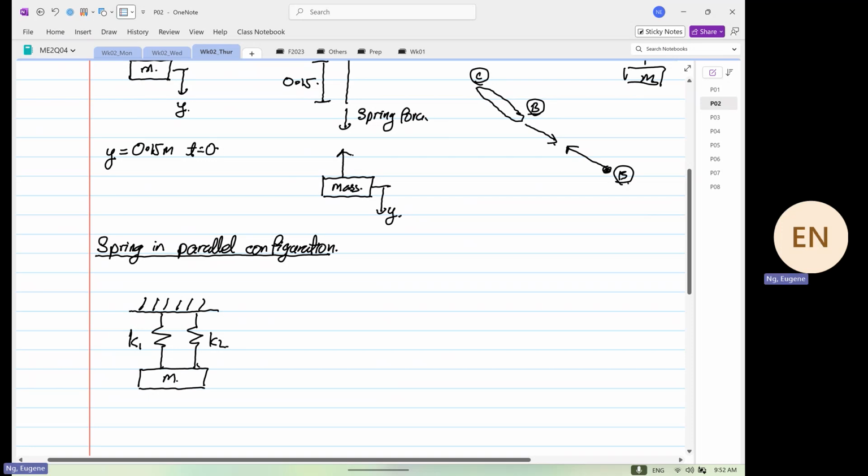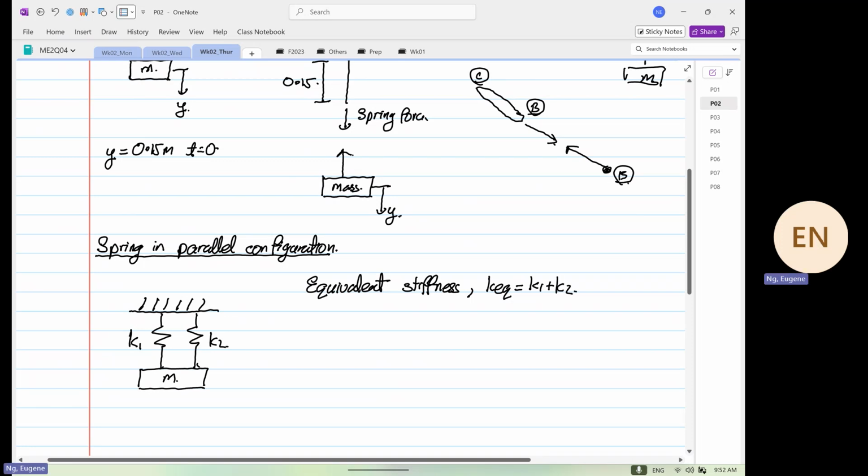So in parallel, it's very similar to what you learn in electrical engineering, where you have resistors in parallel and resistors in series, isn't it? Very similar. So the equivalent stiffness, K equivalent, is equal to K1 plus K2.